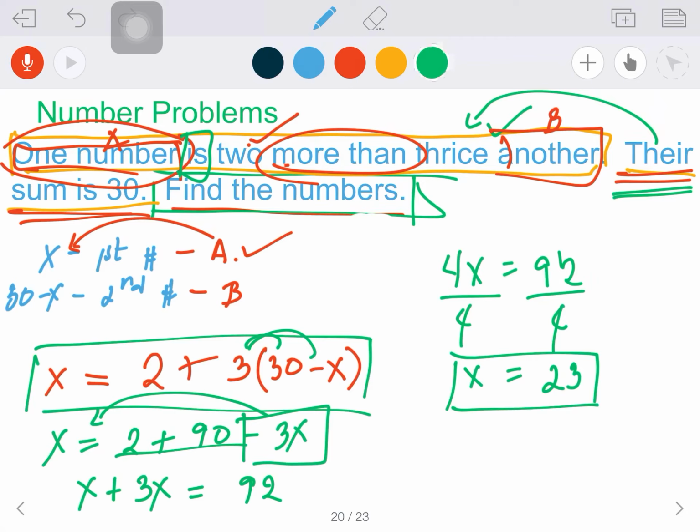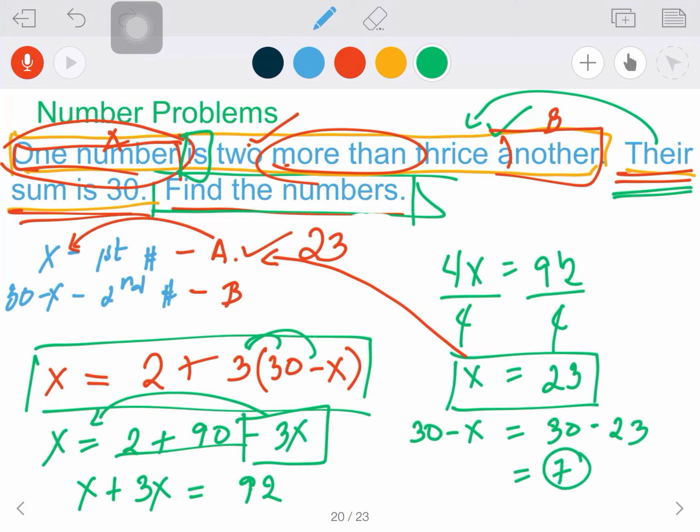What is this telling me? x is 23, so A, which is representing x, is equal to 23. Then I have to find the other number, which is represented by 30 minus x. Since x is 23, this would be 30 minus 23, and the other number is equal to 7.